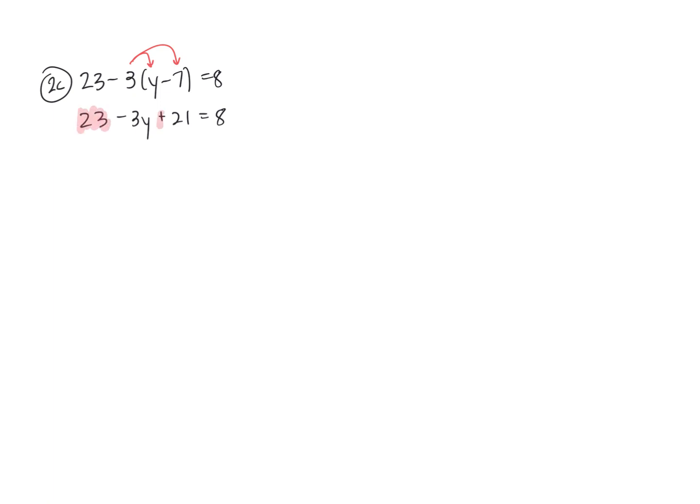We have a 23 and a 21, so we could combine those. So we have negative 3y plus 44 is equal to 8. And now we want to start moving the constants to the right. So minus 44, that will give us negative 3y equals negative 36. Divide by negative 3, and we'll get y equals 12.